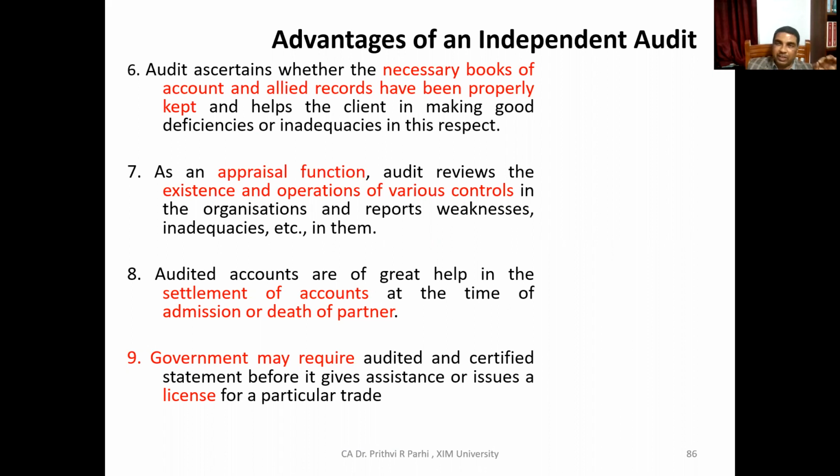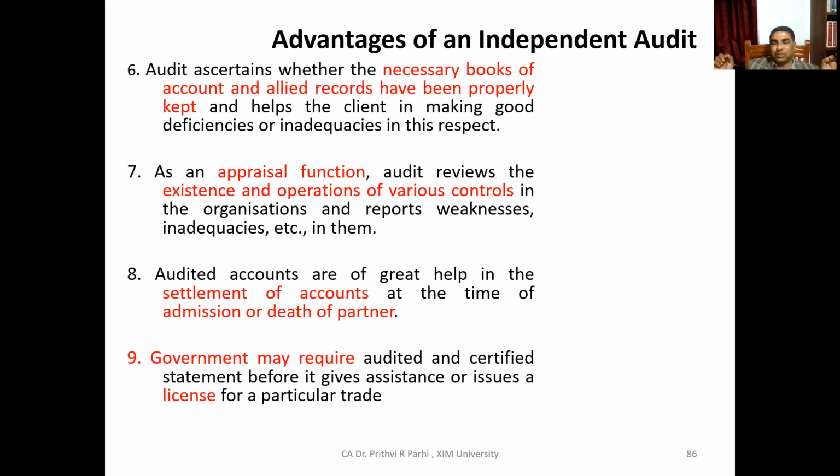When I say internal controls, these are controls designed by management for smooth functioning of various operations. Whether these controls are properly working or not.